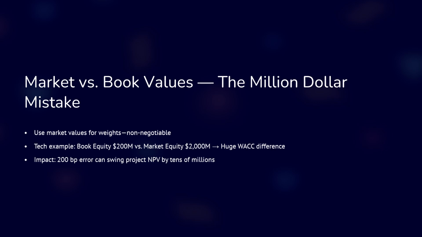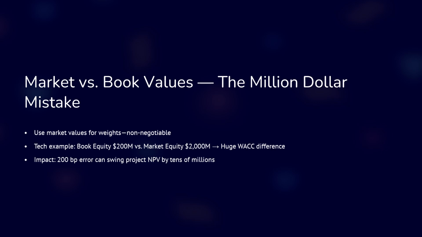Now, the catastrophic error here, the $1 million mistake, is using those book values when you should use market values. Let me give you another example of this. You're valuing a tech startup's new AI project. The company has $100 million in debt, book value, and $200 million in book equity. Simple math says they're 30% debt financed. But the reality is this: the company's stock has exploded.